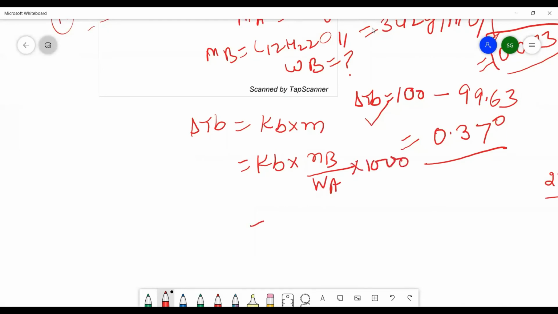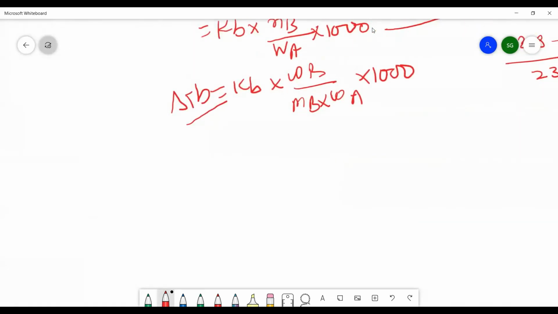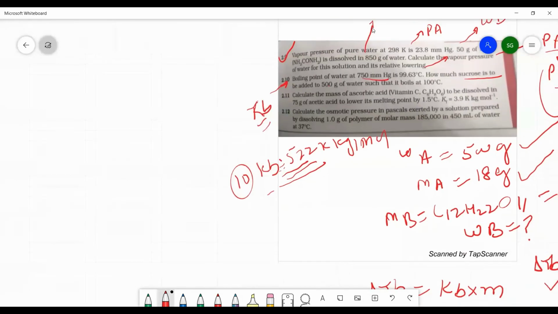Okay. जब आप NB को खोलेंगे तो KB into WB upon MB into WA multiplied by 1000. So everything is provided to you. You have to substitute all the values and the WB जो आपको value निकालनी है, WB will come out to be 121.7 grams. So this is the answer for this question number 10.